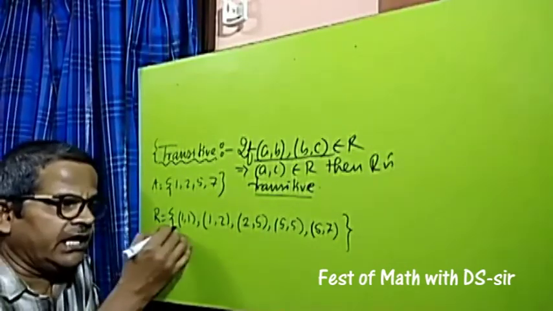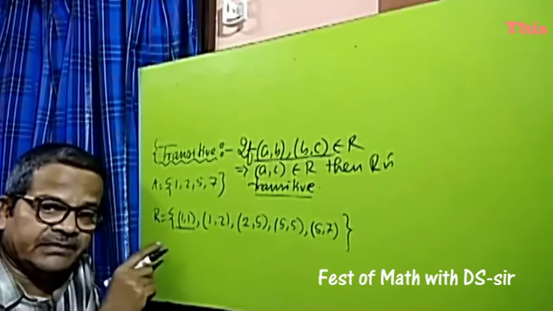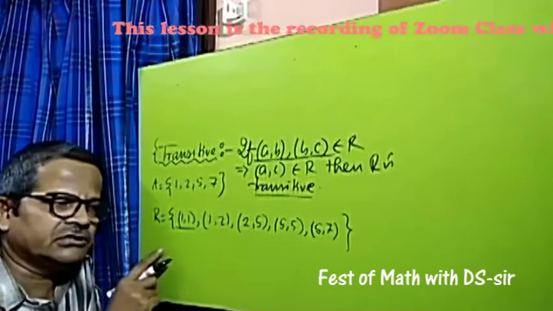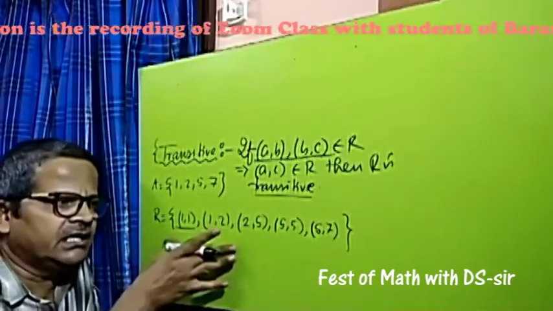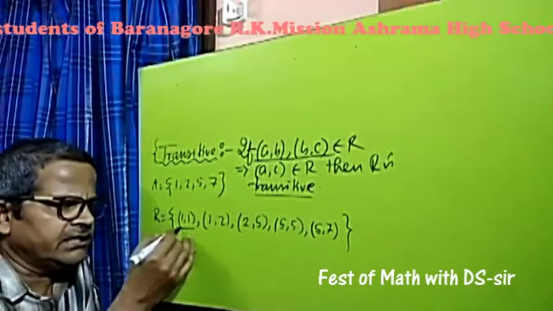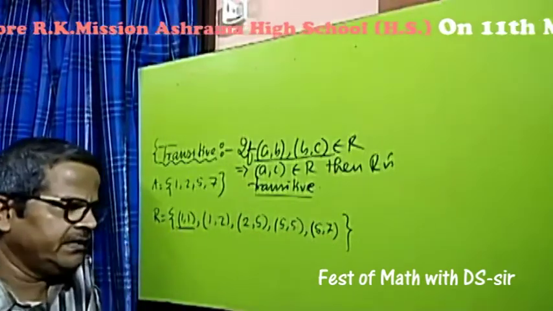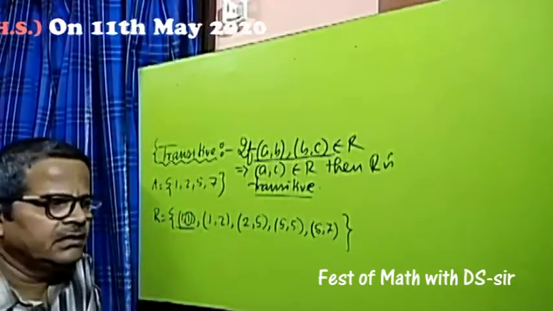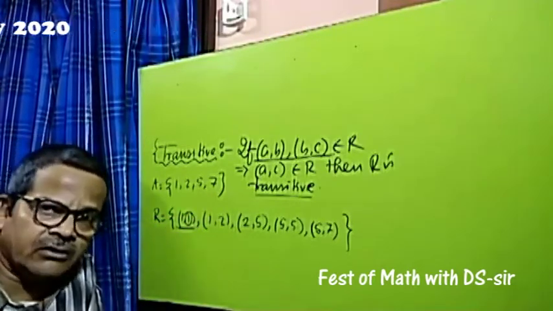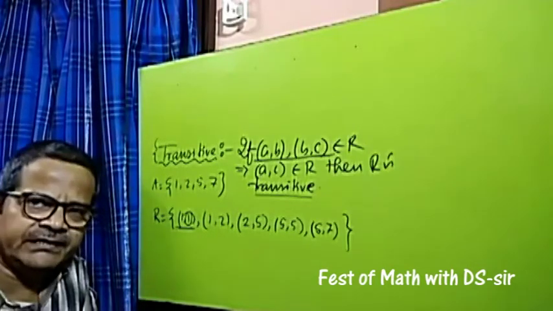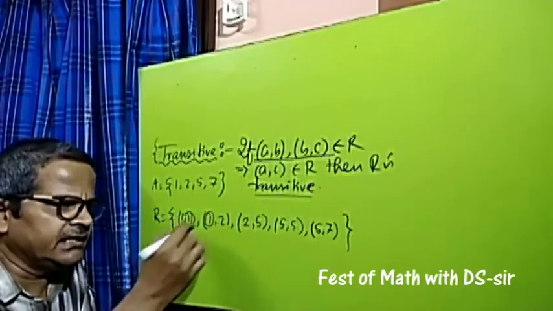Observe how I am checking the transitivity. This is the process of checking transitivity when the relation is given in this form. Now take the first ordered pair, (1, 1). It ends with 1. Now you have to find another ordered pair which starts with 1, if any. Yes, there is another ordered pair.